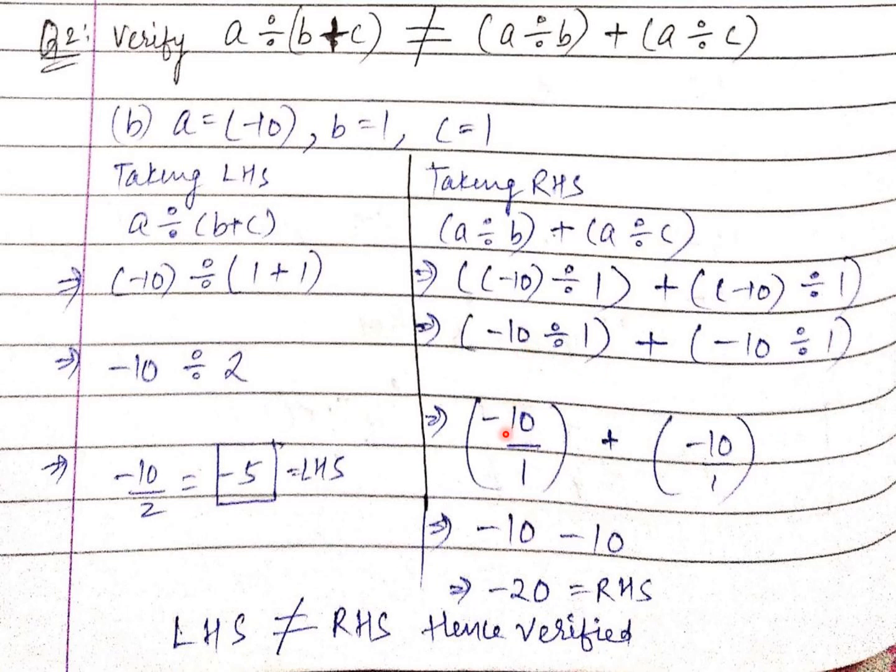It can be written as minus 10 upon 1 plus minus 10 upon 1. Now let's open the bracket. When I open the bracket, it becomes minus 10. We have plus into minus, minus 10, minus 10, minus 10. They both will add and become minus 20, which is our right hand side. Clearly you can see the RHS and LHS are not equal. So we can say this property is verified.